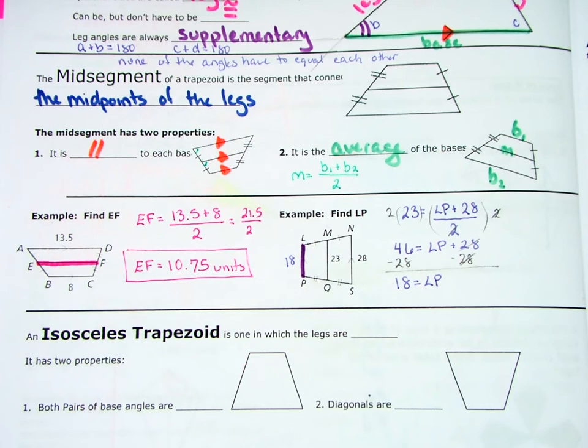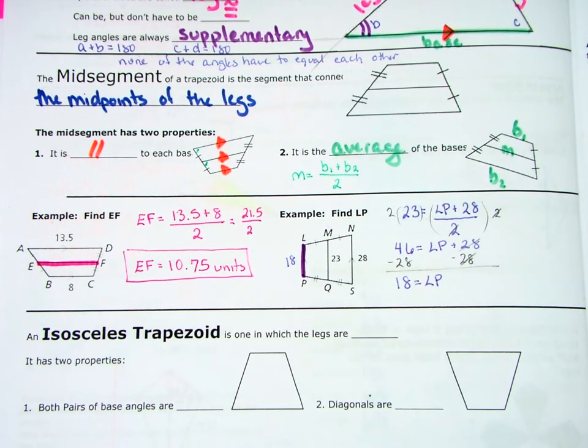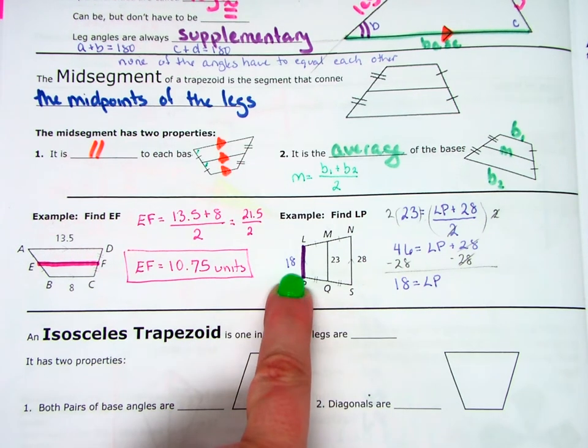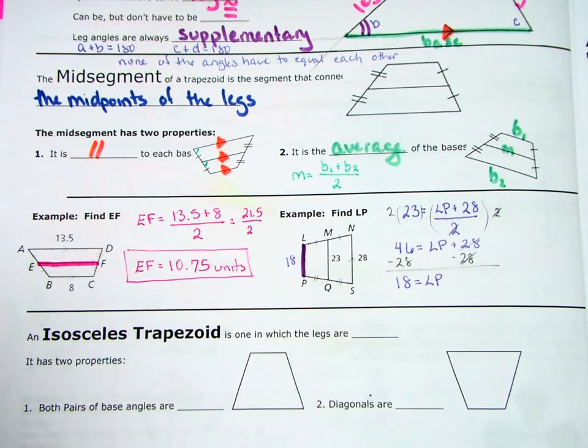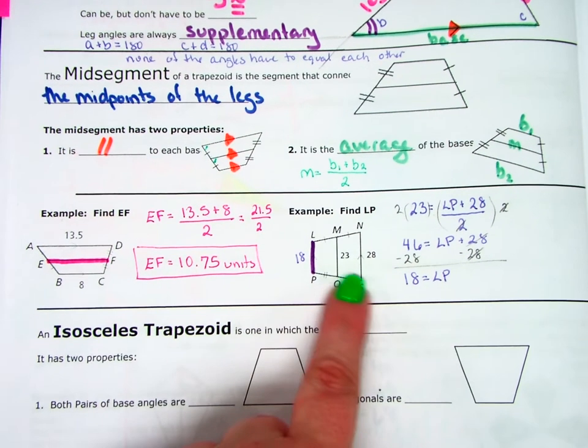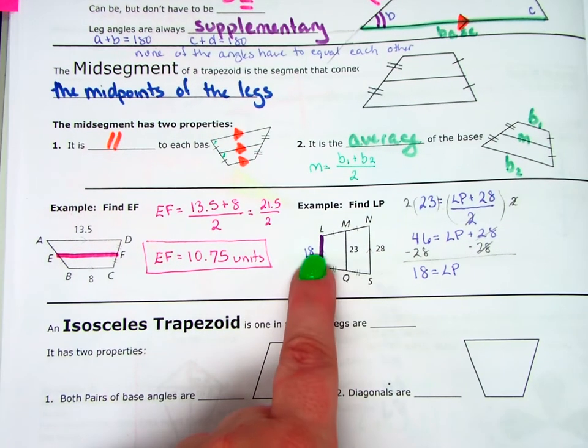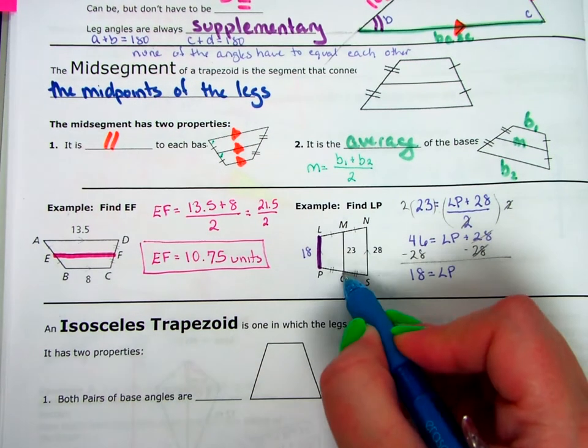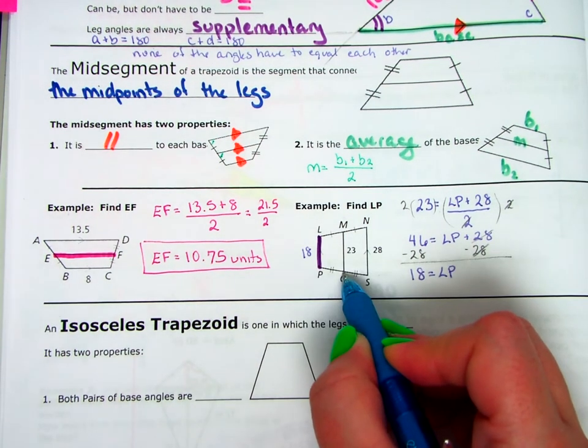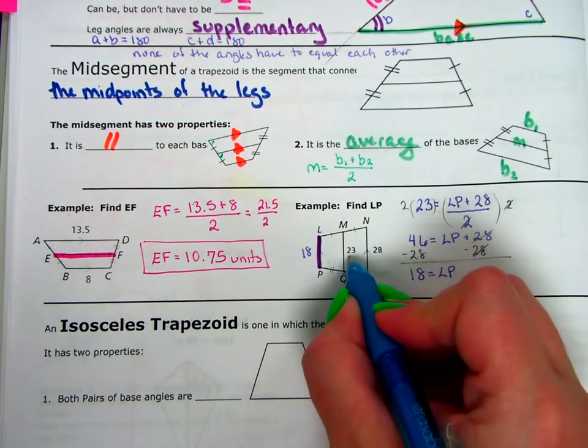Here's kind of a cheater way to do it. I would never tell you to cheat, but if you were just missing one of the ends, it doesn't work as well to use this method. This method would work to check the midsegment you found over here. But as a way to kind of cheat this one, really the 23 is right in the middle. It's the average, which means it's the number exactly in the middle.